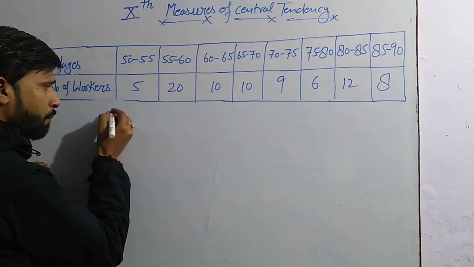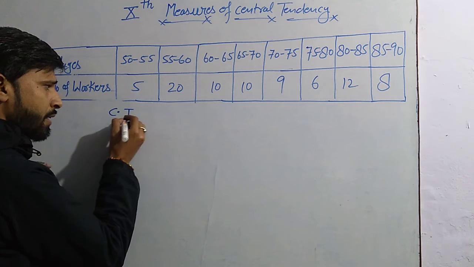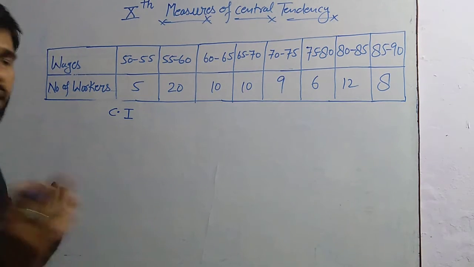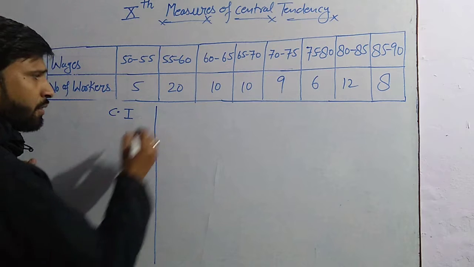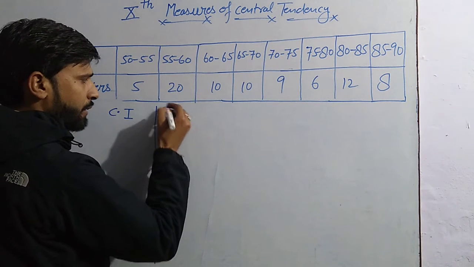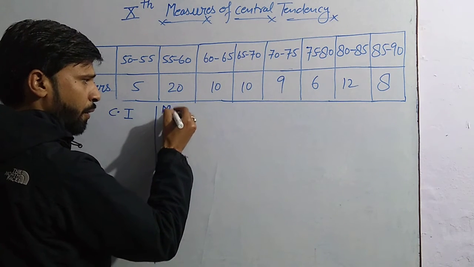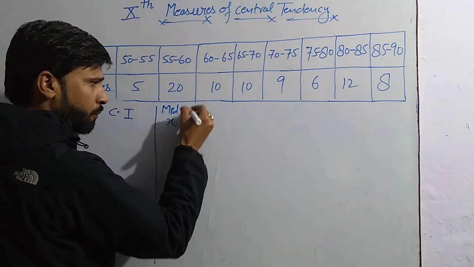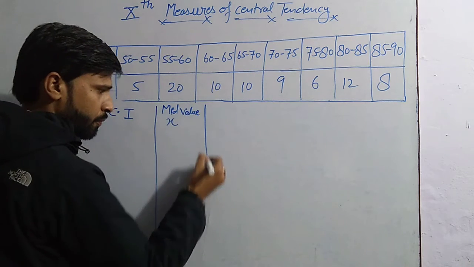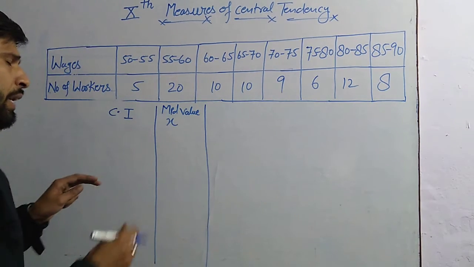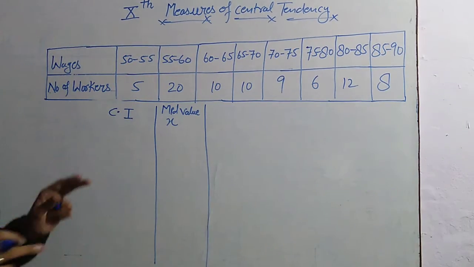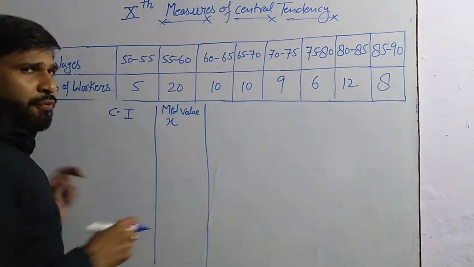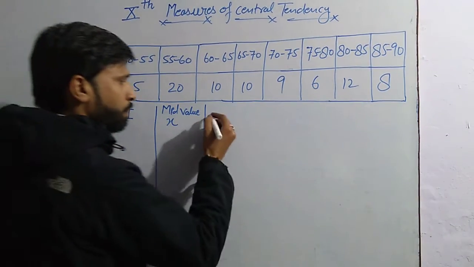This is nothing but CI. CI means class interval. Now the second column is x. x is nothing but the mid value. And the third column is frequency. The number of workers indicates the frequency of the given data.